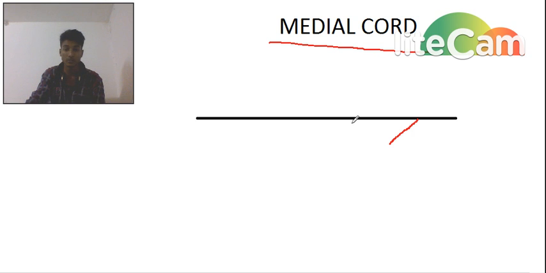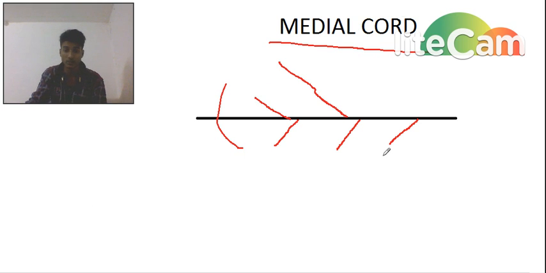The rest start from the letter M, like the medial cutaneous nerve of arm, medial cutaneous nerve of forearm, medial pectoral nerve, and contribution to the median nerve. That was coming from the lateral cord as well, and the medial cord. This is the contribution to the median nerve.